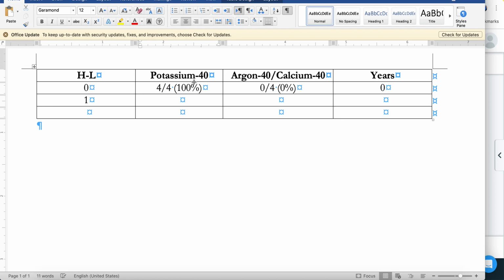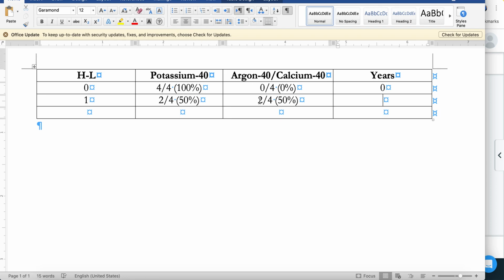At 1 half-life, half of the whole is 2 out of 4, or 1/2. That's 50%, and 2/4 have also changed over, also 50%, the same amount.